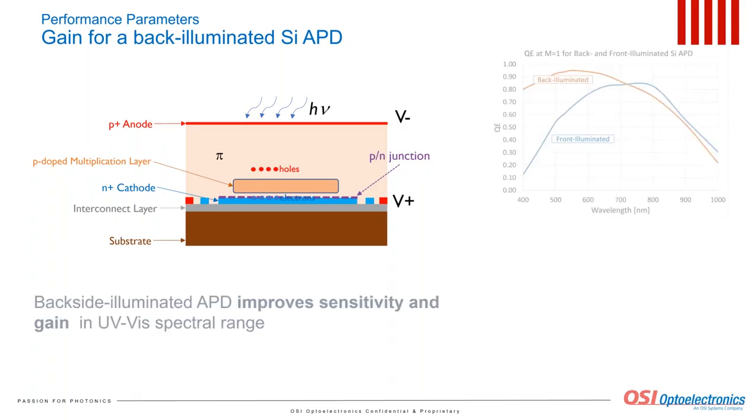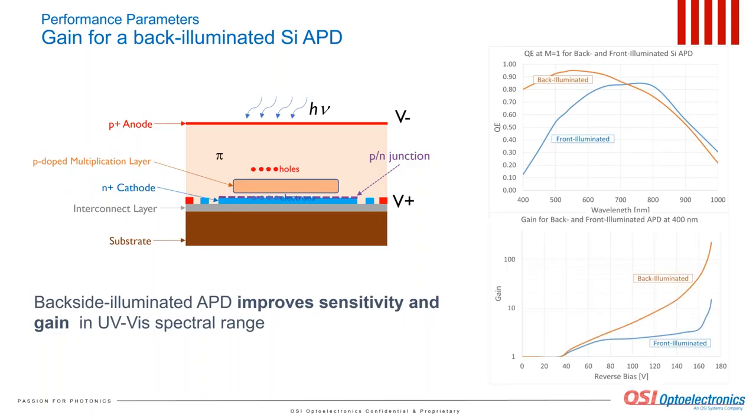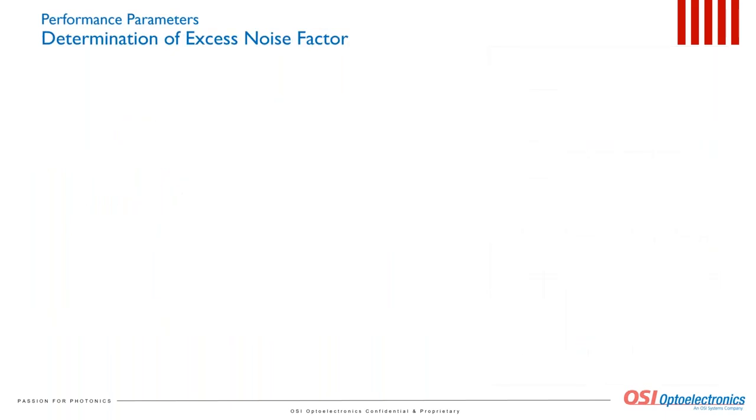The quantum efficiency in this short wavelength spectral range is greatly improved now for the back-illuminated structure, and the gain for the short wavelength range becomes much higher, reaching the values characteristic for the front illuminated structure in the long wavelength spectral range. Let's now spend a few minutes showing how to estimate the excess noise factor for APD.